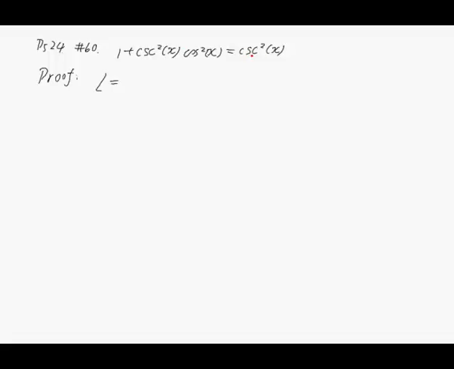So to get this cosecant square of x, we try to make up a factor of this cosecant square of x on this left side. So we try to factor out a factor of the cosecant square of x. Then inside, if you factor out the cosecant square of x, then for this term you should have 1 over the cosecant square of x.